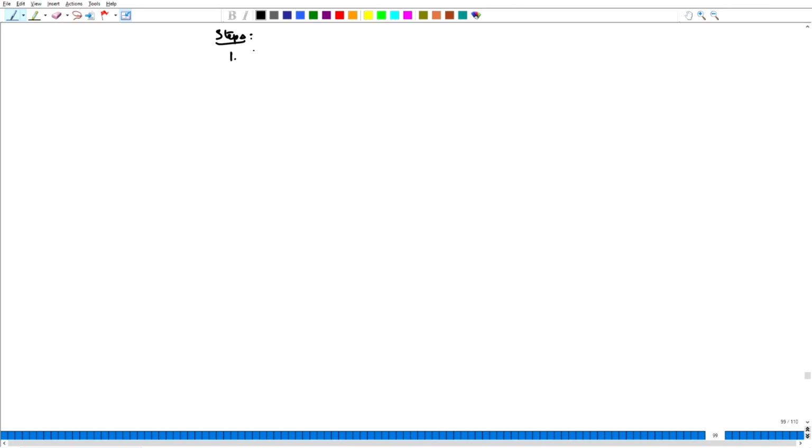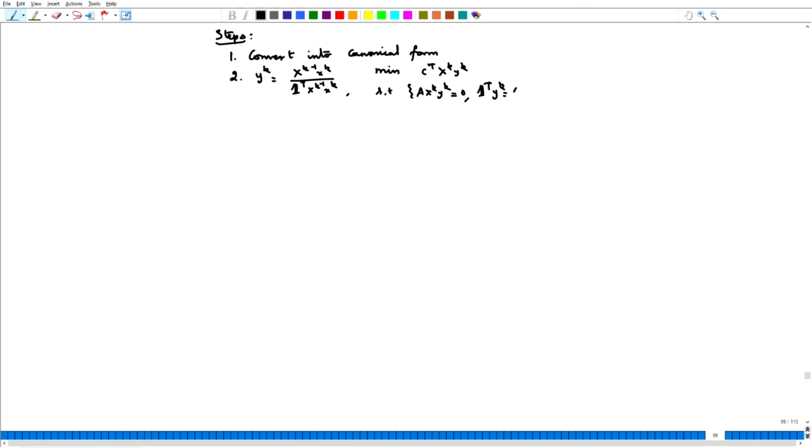So, we first converted into canonical form, right, and after this we did this conversion, which is y_k equals X_k inverse x_k divided by 1 transpose X_k inverse x_k, okay, because of which we got this particular form, which is min c transpose X_k y_k subject to A X_k y_k equal to 0, 1 transpose y_k equal to 1 and y_k greater than or equal to 0, right.